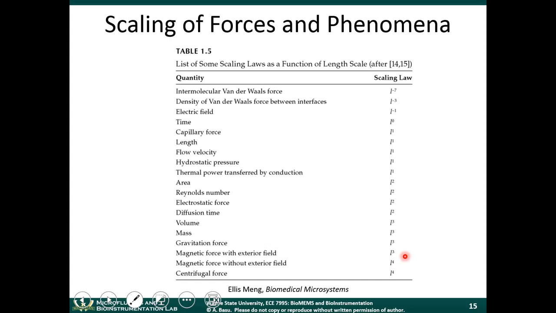And things like van der Waals forces on this side of the table become more significant at lower length scales. So in the first part of your assignment, when you're asked to look at physical phenomena, you could take some of the physical phenomena from this chart if you'd like, and actually derive what this scaling law should be based on the equations that you may look up online.